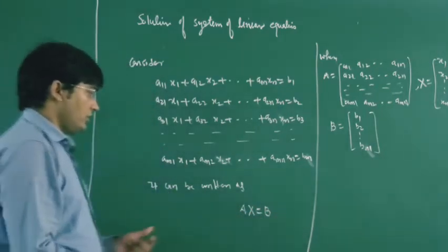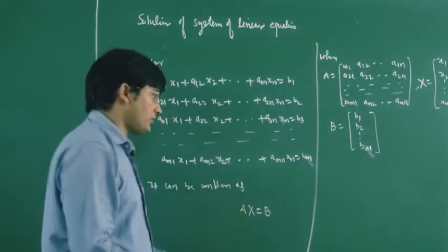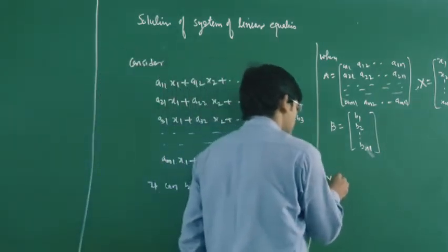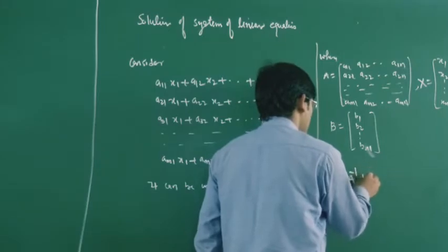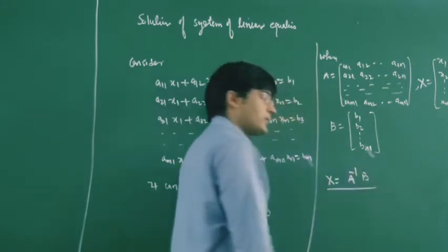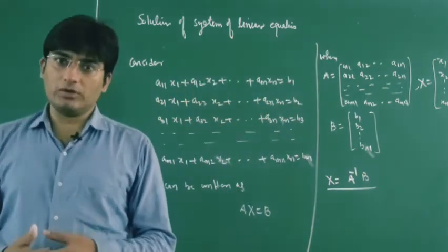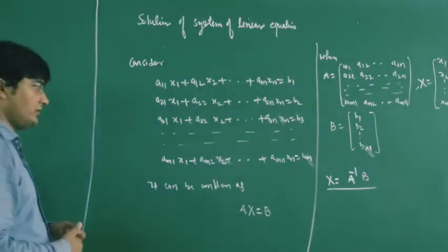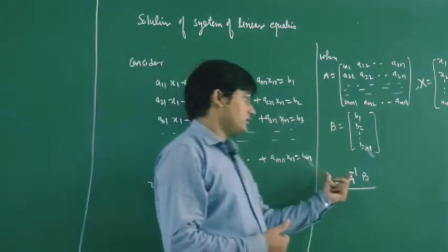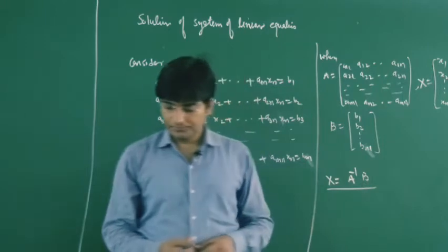Now the solution of this system of equations with the help of the matrix method is X equal to A inverse B, provided that the matrix is non-singular. If the matrix is non-singular, then with the help of this equation we have the solution.